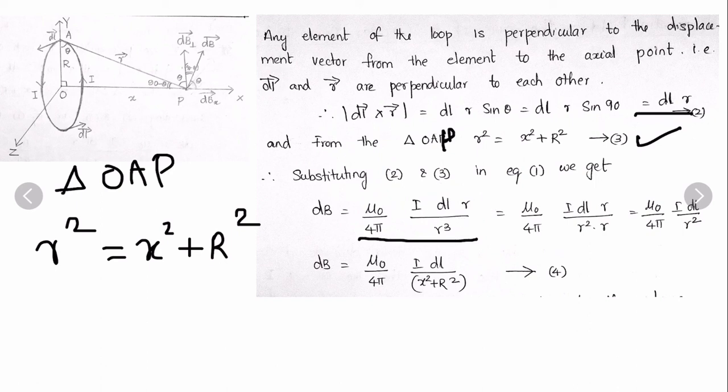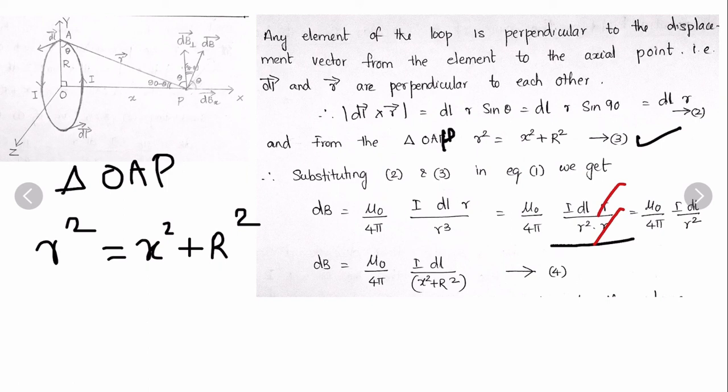This r cube I am writing as r square into r. Then what happens here is, in the numerator 1r and denominator 1r cancel, and you will get mu 0 by 4 pi IDL by r square.